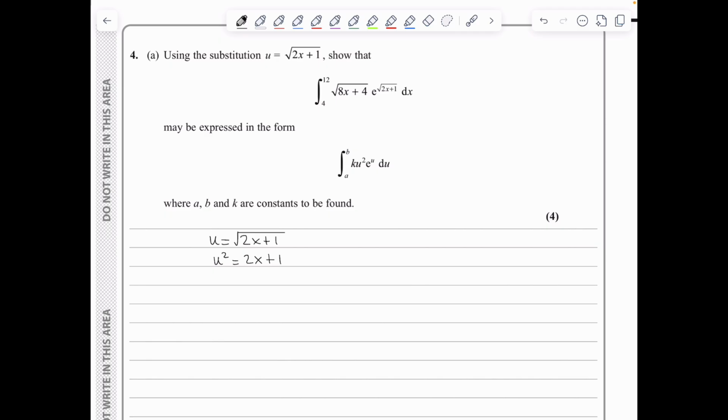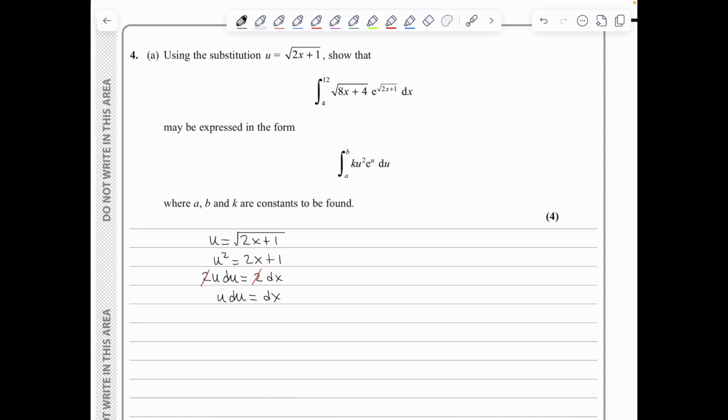Remember that in integration by substitution, we're trying to translate everything. So let's start with the du and the dx. We're looking at 2u du being equal to 2 dx. Obviously, the 2's will cancel out. So we've got u du being equal to dx. Another thing I could do is look at the limits. Where does x being 4 take me with regards to u?